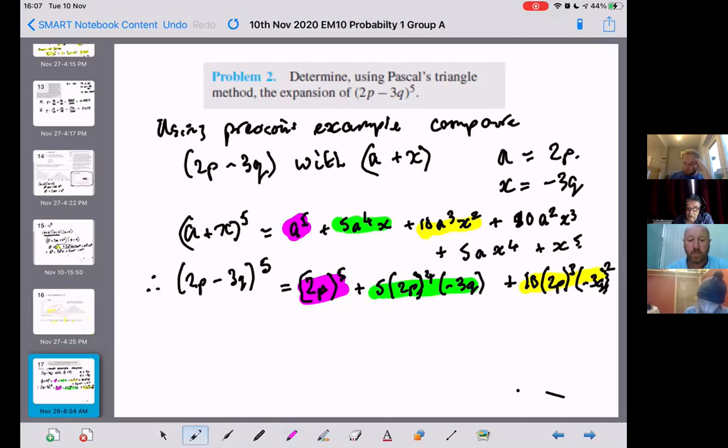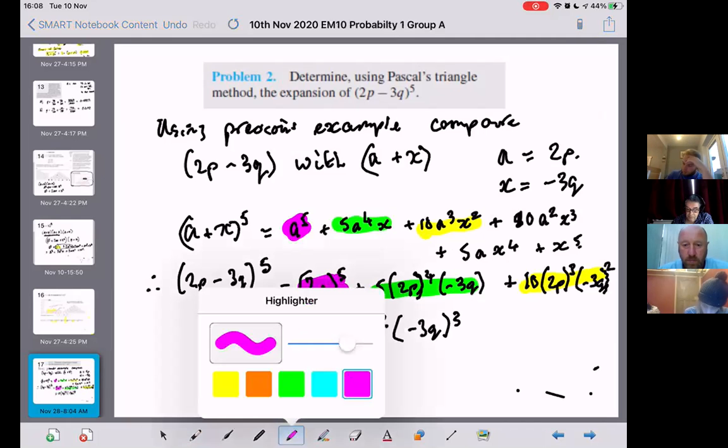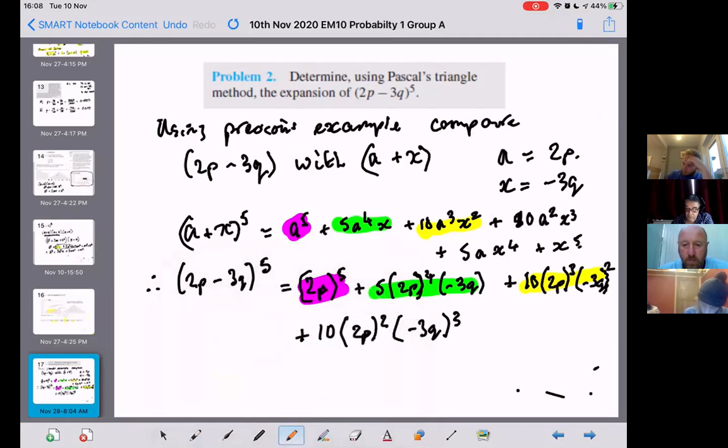And then we got plus, that's going to be 10 again, times, we got a squared, so that's 2p squared, times x cubed, so that's minus 3q cubed. So that one is that one.